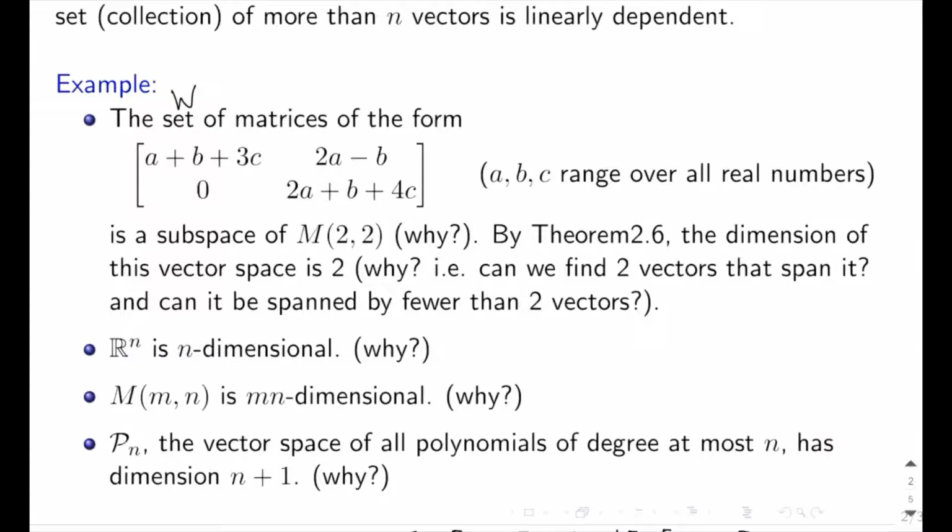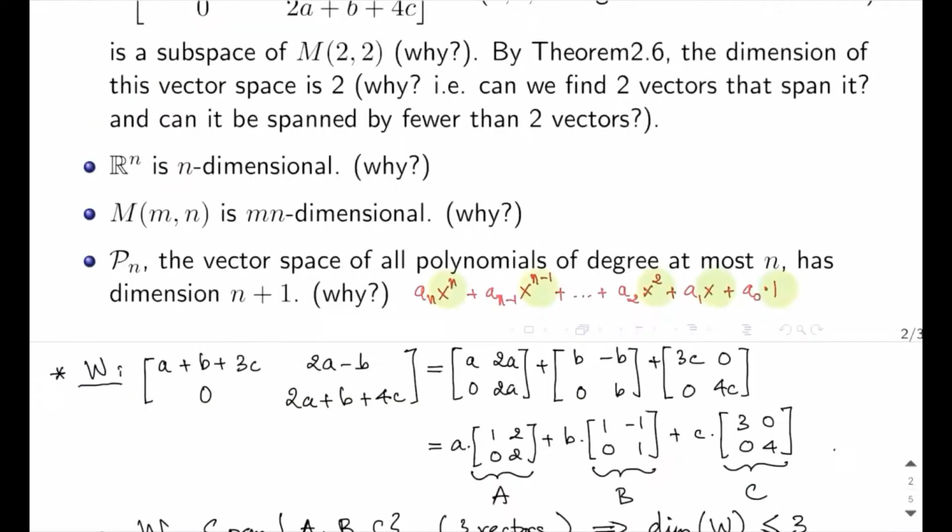you can write it as a_n x to the power n, some numbers a_{n-1} times x to the power n minus 1. And then you may go up to a2 x squared, a1 x to the power 1, a0 x to the power 0, which is number 1.